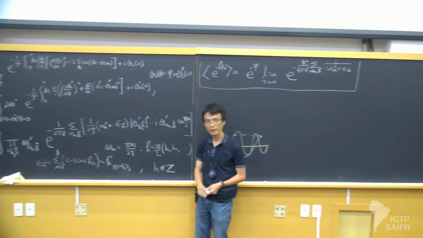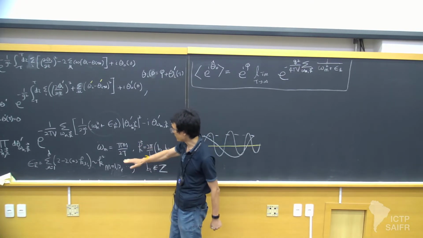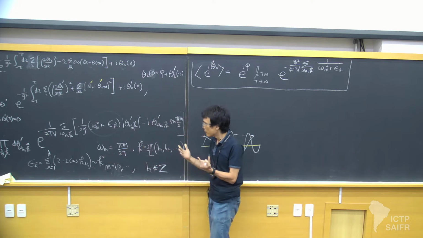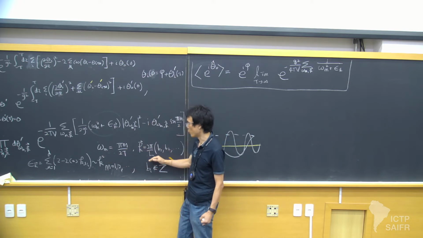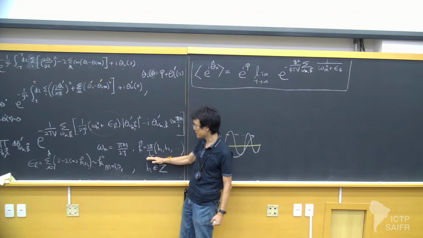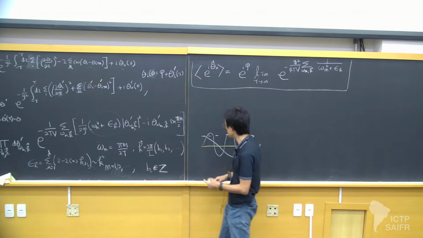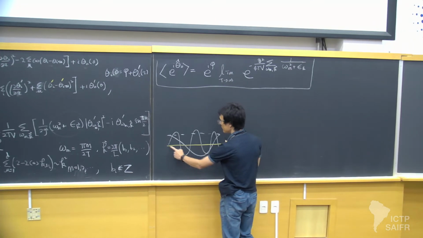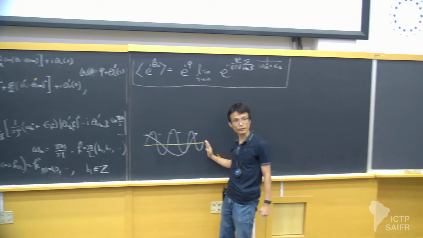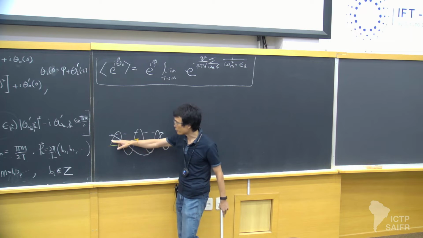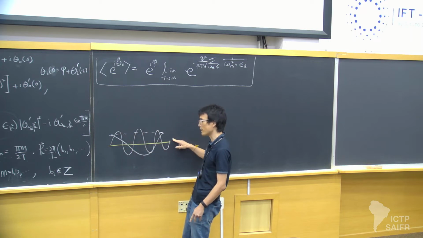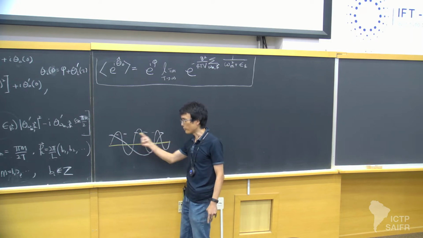Okay? And then this omega and k take some discrete values when t and system size L are finite, because you have to impose the right boundary condition. In space, this wave pattern has to come back to itself due to the periodic boundary condition.